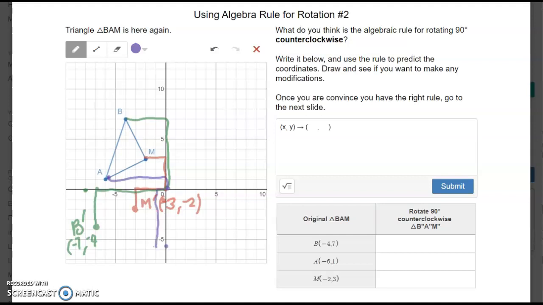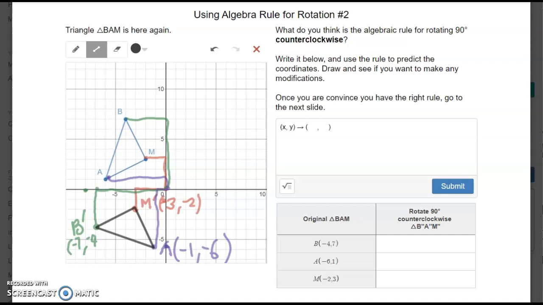So it's going to be this point, and that's going to be A prime, and that's going to be -1, -6. Now that I've drawn my triangle, I can draw my lines to connect the dots. Here is my rotated triangle counterclockwise by 90 degrees.